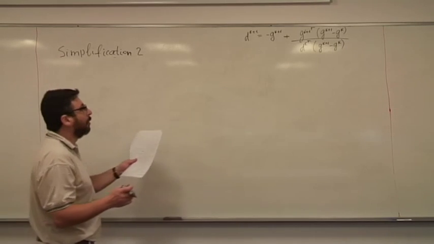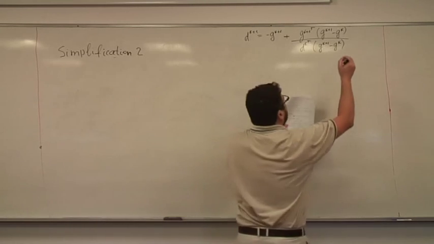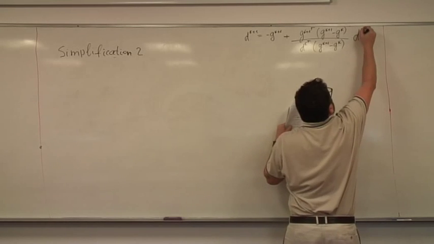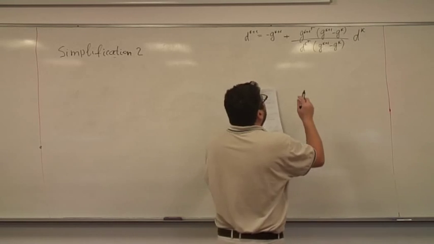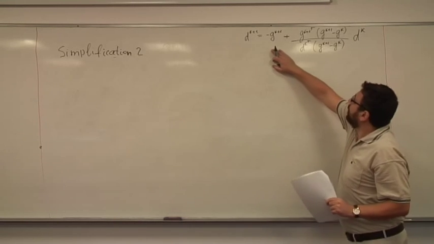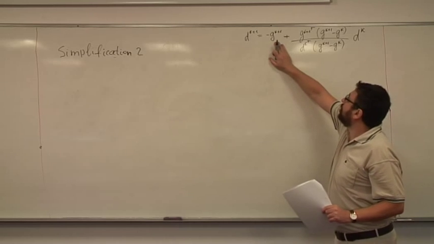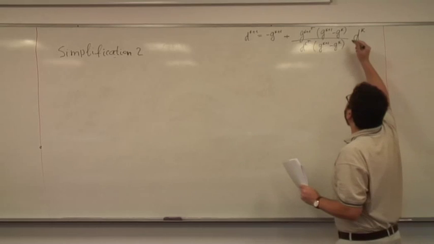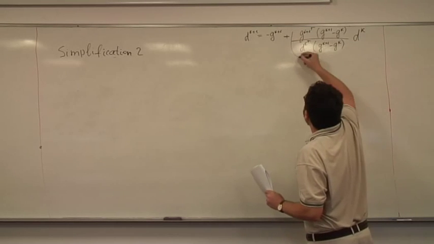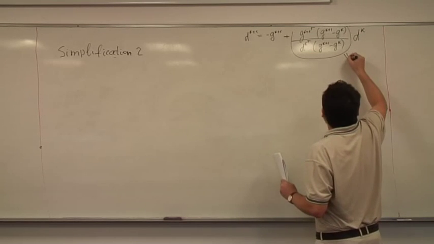Simplification 2. Sorry, it was dk here. Let's denote: in this formula for the new direction, it's like the gradient plus some scalar multiplied by the previous direction. So let's denote this scalar as beta k.